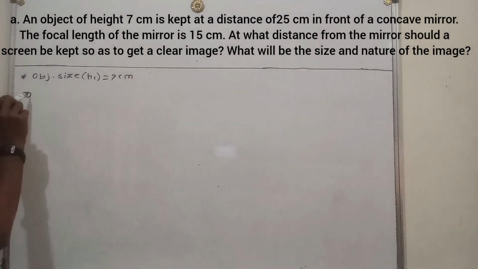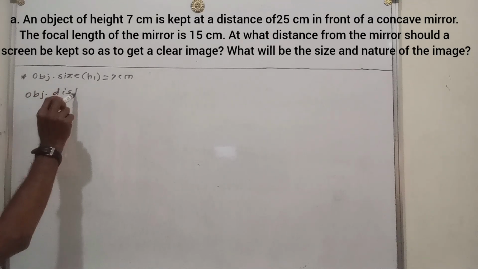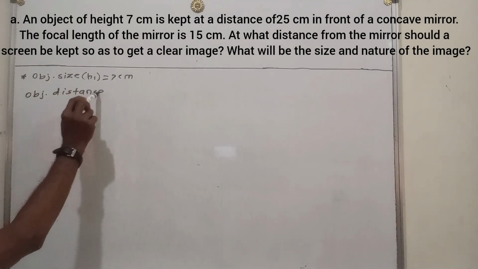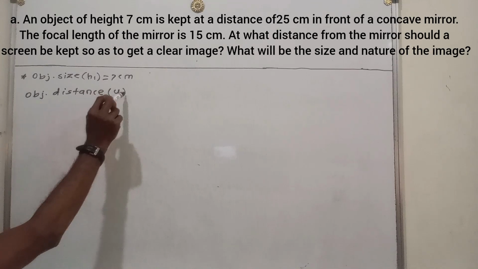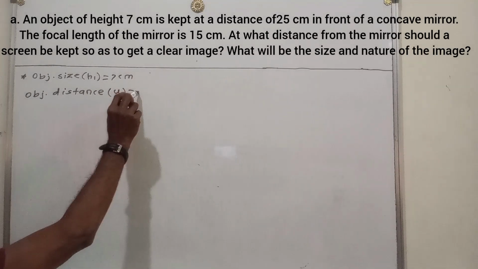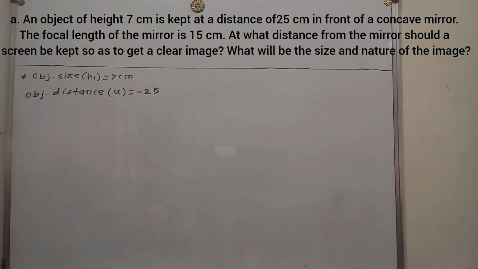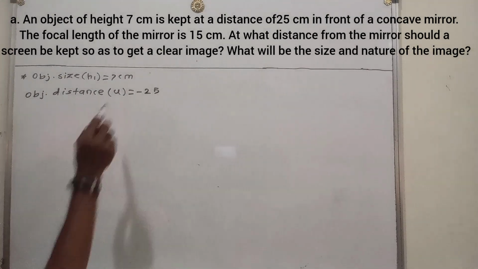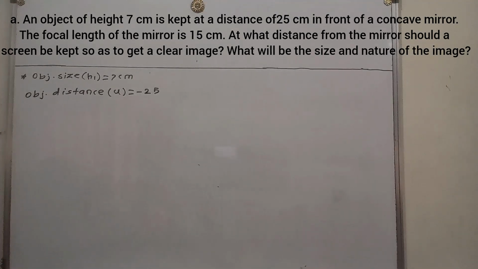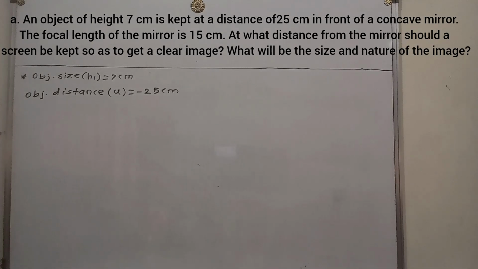Therefore, we write here object distance u, what is 25 centimeter, and that is for which type of mirror? Concave mirror. So we write minus 25 centimeter.